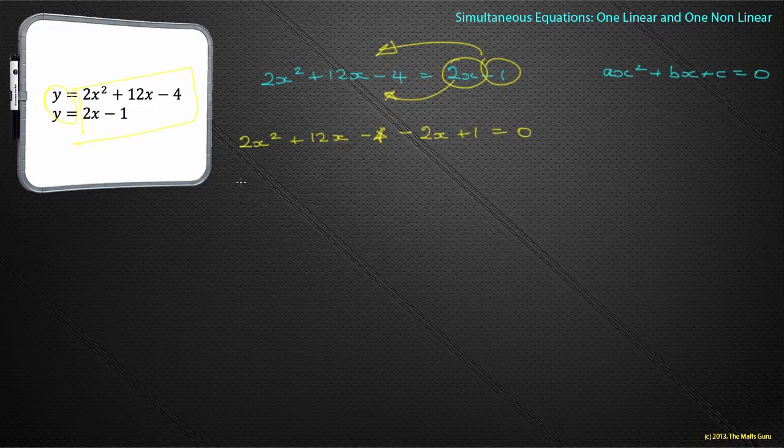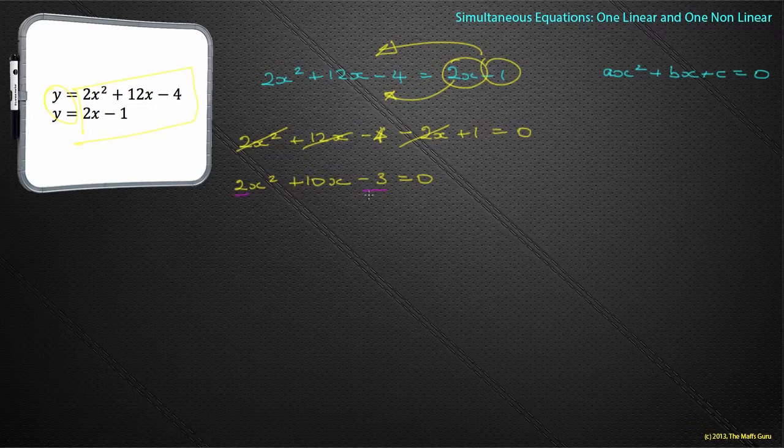Bit of tidying up: 2x squared, that's done, I've got no more x squared terms, plus 12x minus 2x is plus 10x, there you go, and minus 4 plus 1 is minus 3, which equals 0.